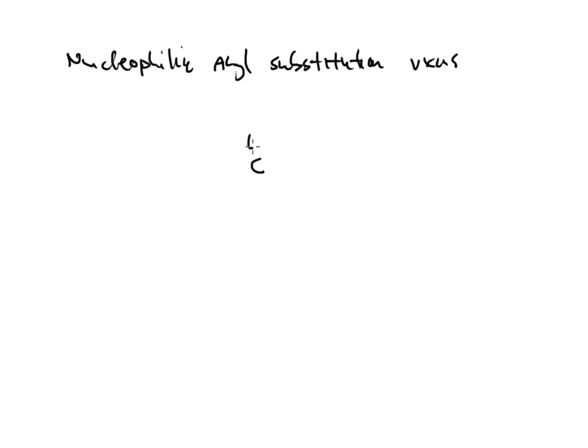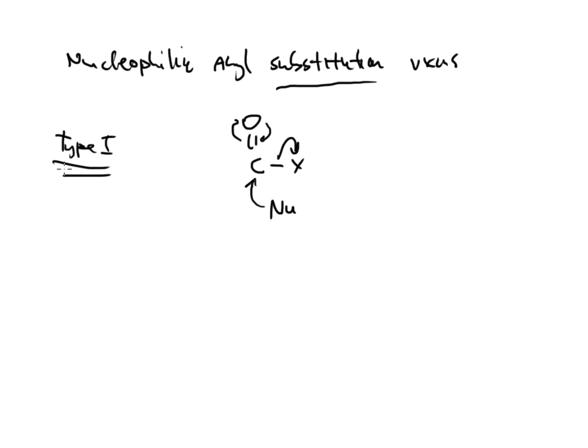The reason is that we had this group with a leaving group on it, and a nucleophile came in and attacked the carbon, the oxygen shoved the electrons up, then it shoved the electrons back, and then carbon says, bye-bye, you're a leaving group, you're ugly, don't want anything to do with you. So this was the substitution part, and we said that type 1 carbonyls undergo that type of mechanism.